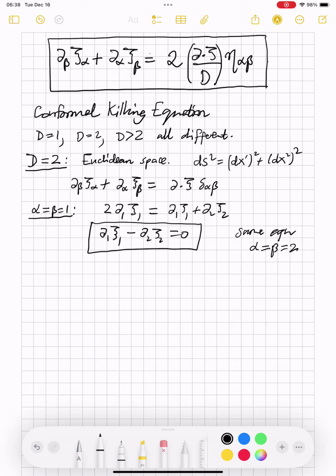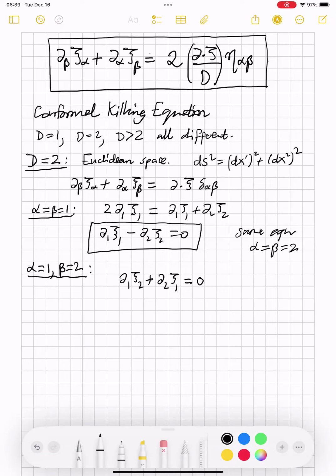Okay, now we can set alpha equal to 1 and beta equal to 2. If we plug that in, we're going to get ∂_1 ζ_2 plus ∂_2 ζ_1 is equal to another Kronecker delta, δ_12, which is equal to 0.